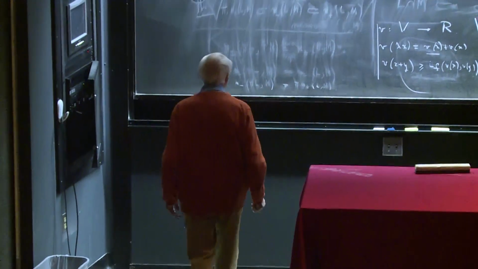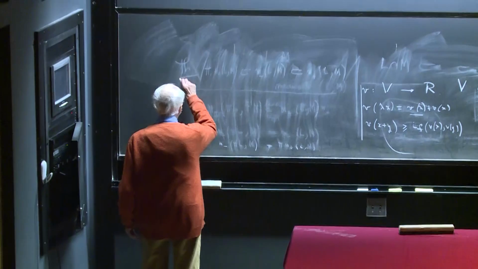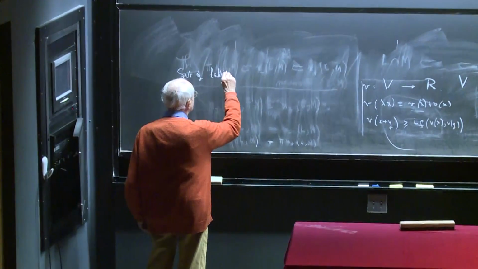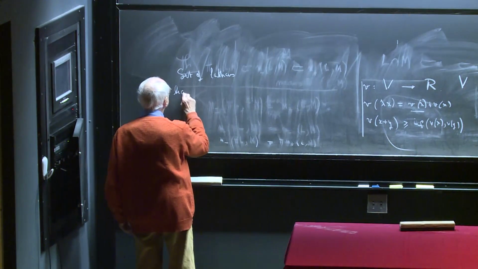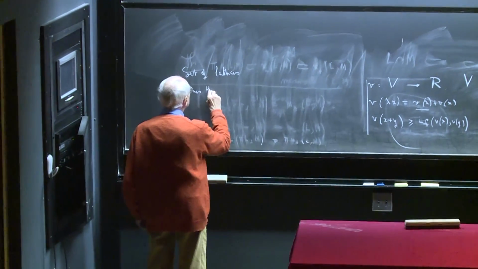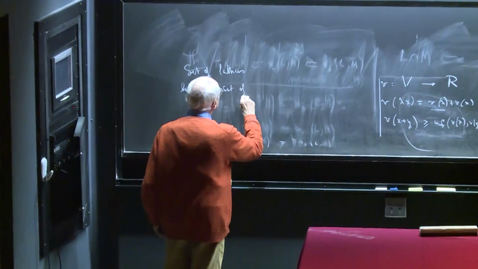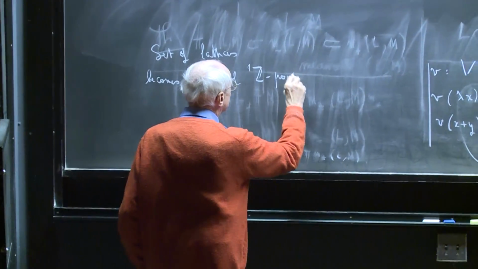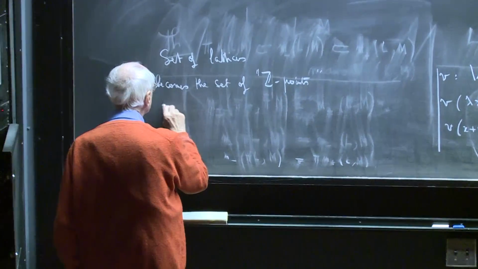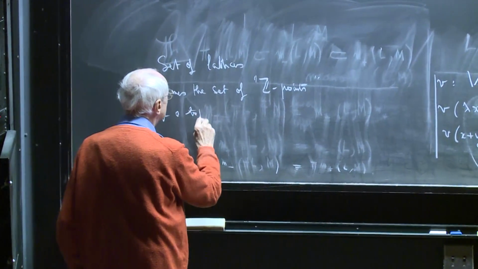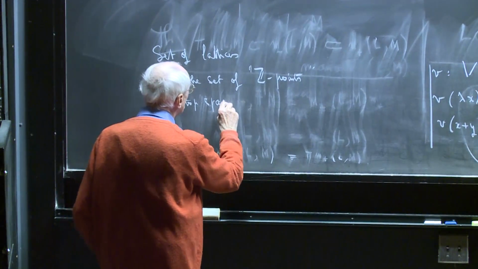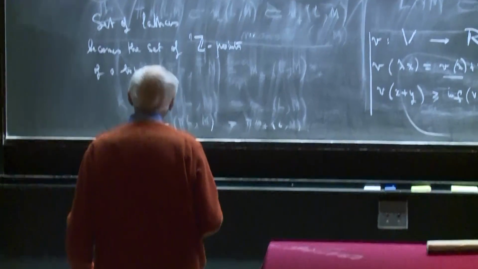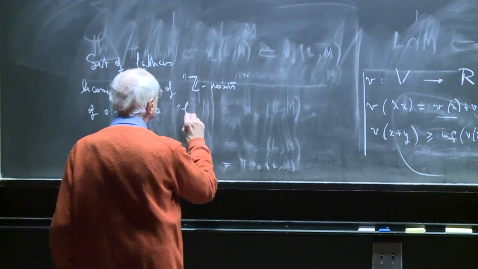The end result is that the set of lattices becomes the set, so to speak, of Z points of a topological space, a quite honest topological space, which is called the building.